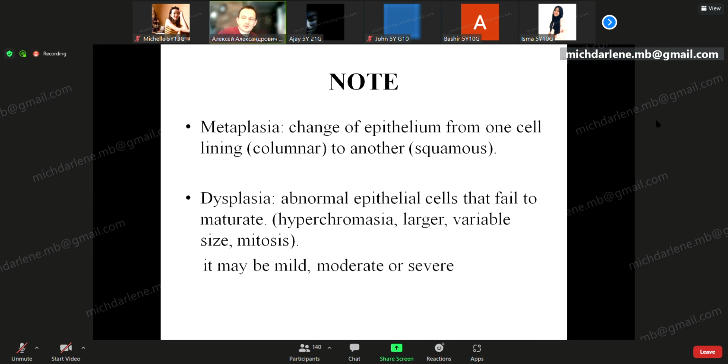One more thing that you need to memorize, guys. Cancer of the cervix should start from dysplasia. Don't forget that we have two different words, metaplasia and dysplasia. Dysplasia is the abnormal epithelium cells that fail to mature. Metaplasia, change of epithelium from one cell to another one. That's why metaplasia is the normal condition. Dysplasia is a pathological condition.